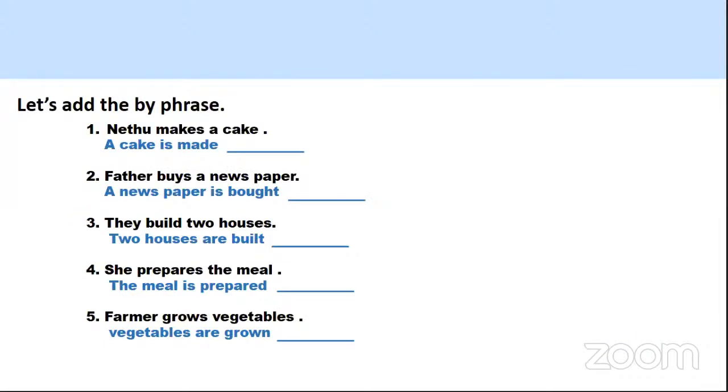Now, take your writing books again. Now you have written a cake is made, a newspaper is bought, two houses are built, the meal is prepared, vegetables are grown. Now you are going to add the by phrase. Okay. I'll give you another 2 minutes to do that.